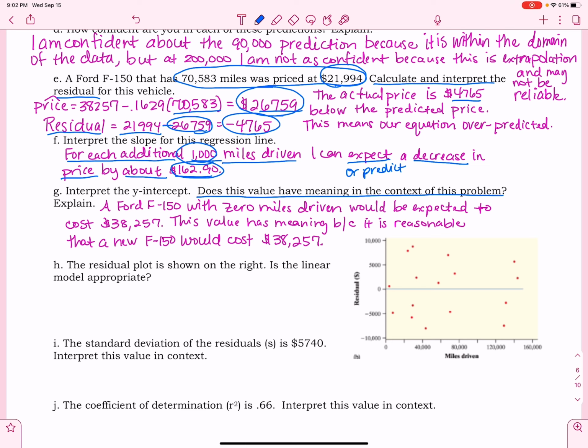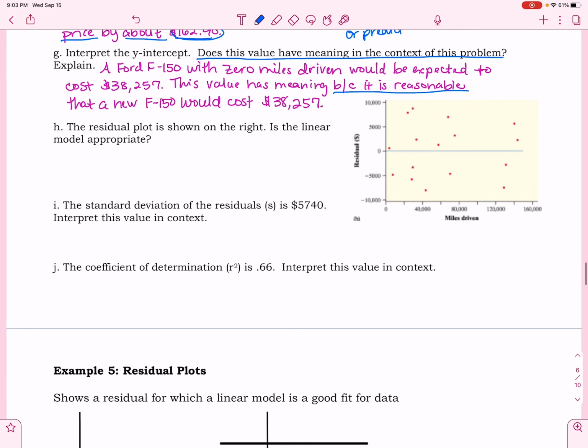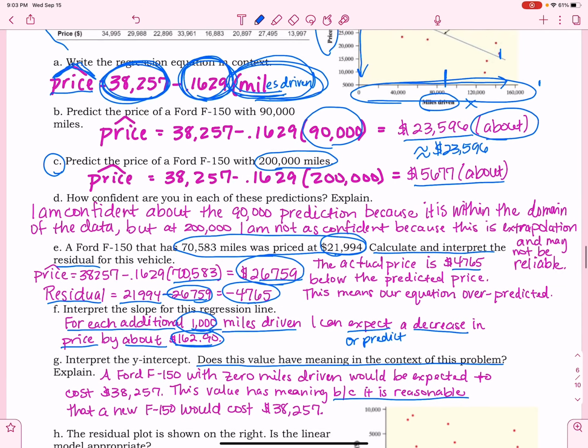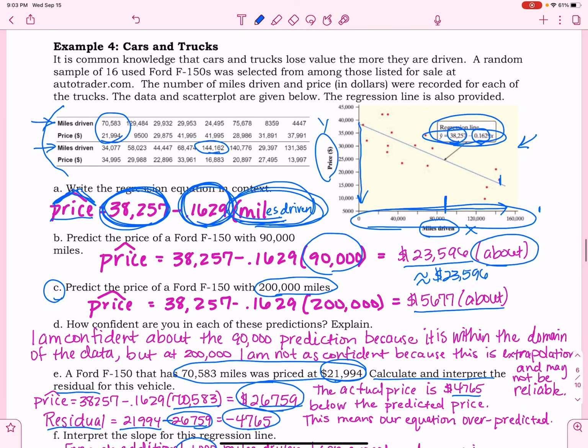So this value does have meaning because it is reasonable that a new one could cost $38,257. Okay, we will address the rest of this example in another video because the video is already too long and it doesn't apply to what we did in class with this example. So we will address the rest of it later.